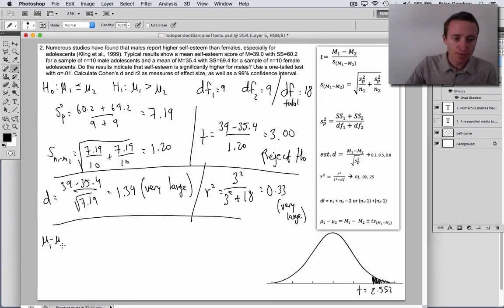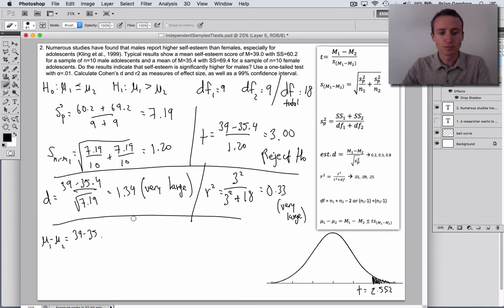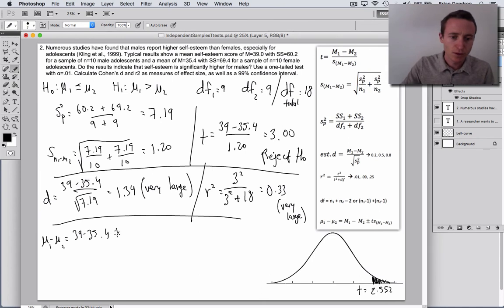So a confidence interval is an estimate of the true population mean difference. And here we go. 39 minus 35.4, plus and minus our critical value of t, which was 2.552, multiplied by our estimated standard error of 1.2.